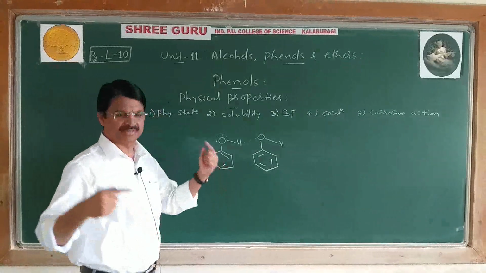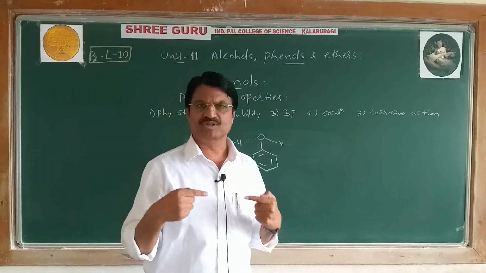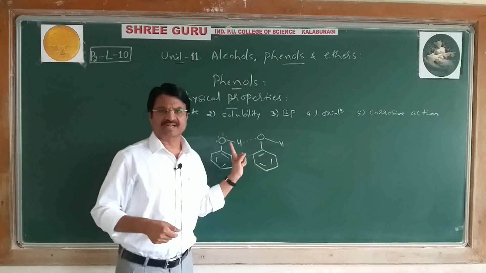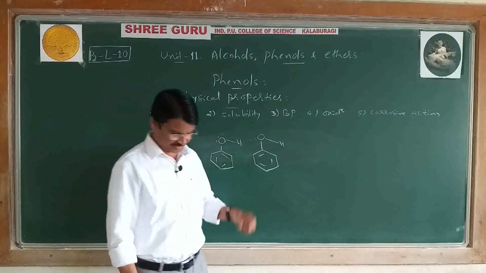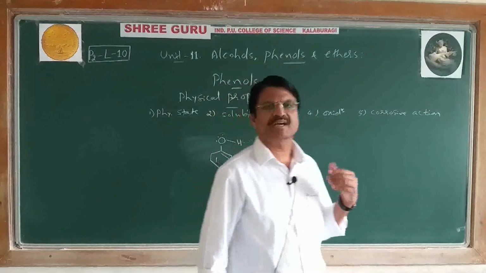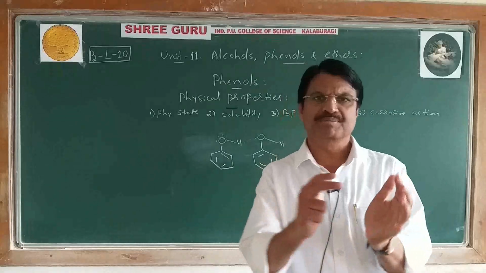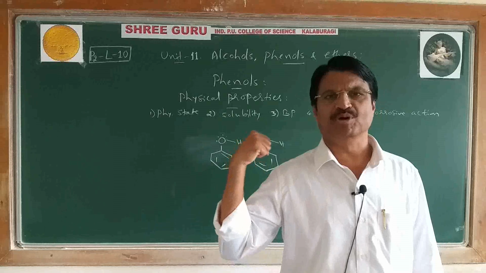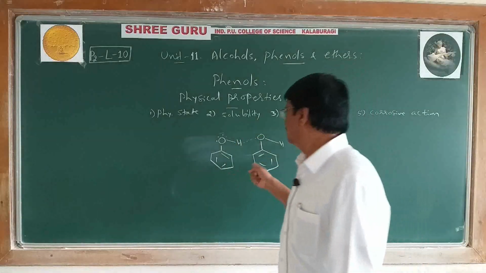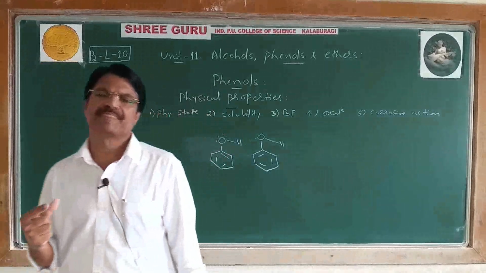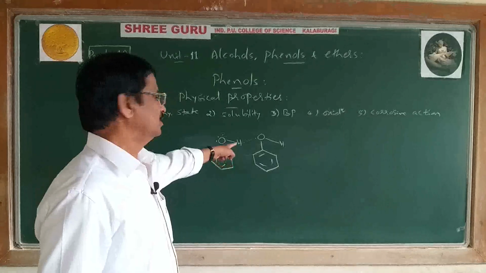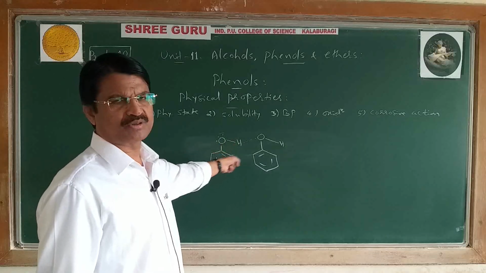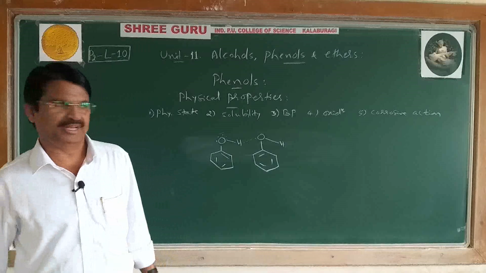Hence there is formation of intermolecular hydrogen bonding in the case of phenol. Therefore, phenols have a higher boiling point when compared with a hydrocarbon of identical molecular mass. Phenols have a higher boiling point due to hydrogen bonding, which is called intermolecular hydrogen bonding.